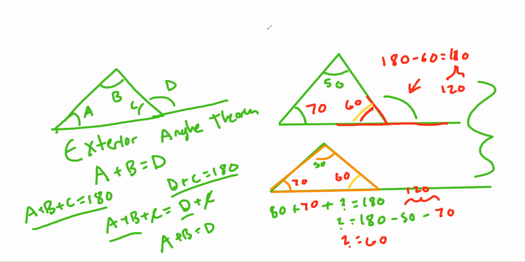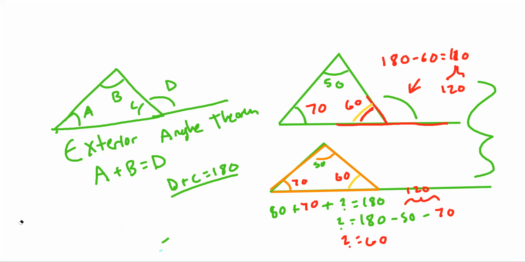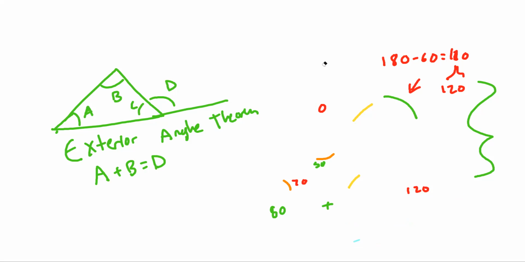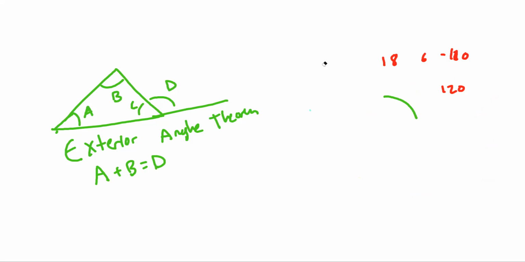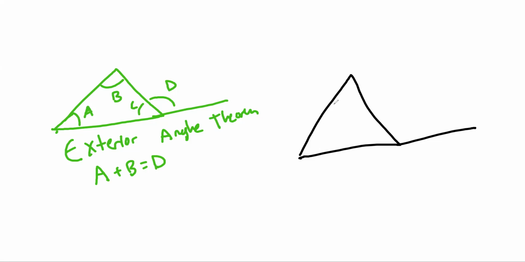Now, if I was to do this in a problem, it can get trickier to see that I have exterior angles. And again, you might immediately jump to recognizing, well, wait a second, I just have a linear pair and interior angle theorem. And there's nothing wrong with doing it that way. It's just faster if you see you have exterior angles. So for example, I give you 50 and 70, what do I have over here?